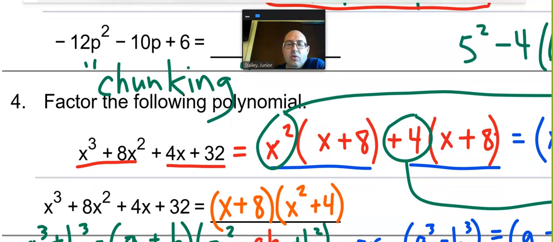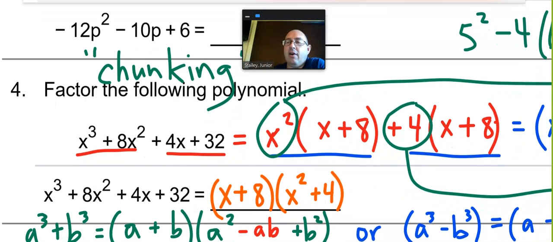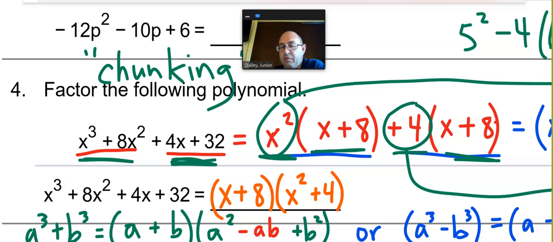You take the first two terms and the second two terms and separate them. You look at them and say, okay, out of these first two terms, what's the GCF? Well, you can take out an x squared, so I did that. That left me x plus 8. Then I looked at the second two terms, and I pulled out a 4. That left me x plus 8.